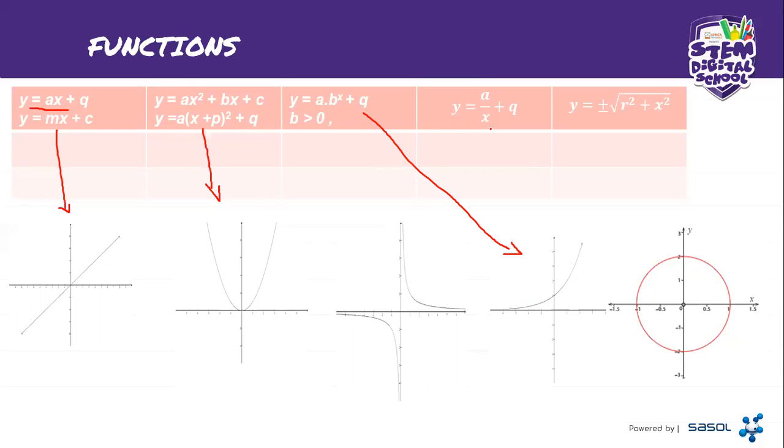And then the second from the last, which is the hyperbolic function, is this one here. And the last one is the equation of a sine function, right? It's very important to understand these parameters, which are a, q, and then p and q as well, and here a, b, and q.